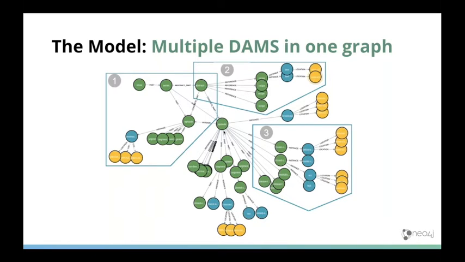So section one represents the broadcast video, like the traditional cable television that's broadcast at a given time, what they call the linear scheduling model. We see the nodes representing shows.